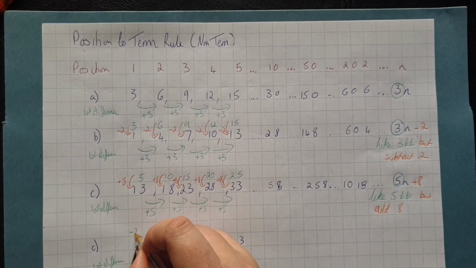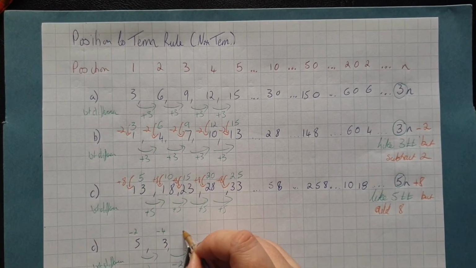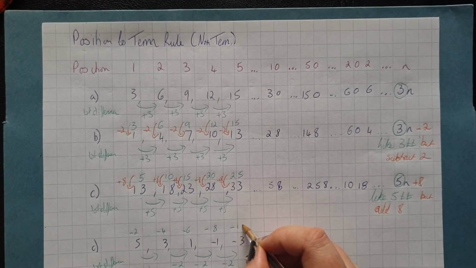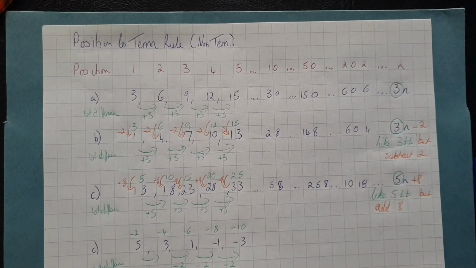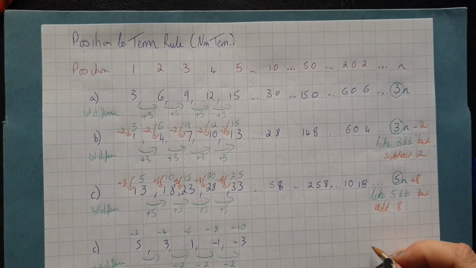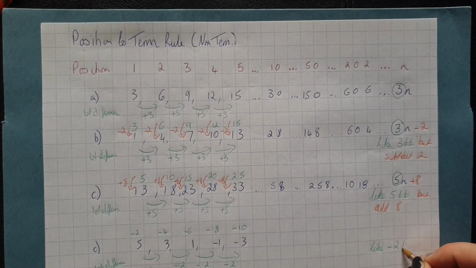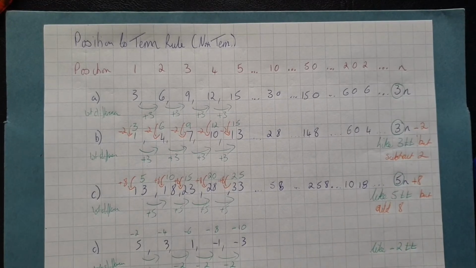Minus 2, minus 4, minus 6, minus 8, minus 10. It's like the minus 2 times table because we're going down in steps of 2, whereas in the 2 times table we go up in steps of 2.